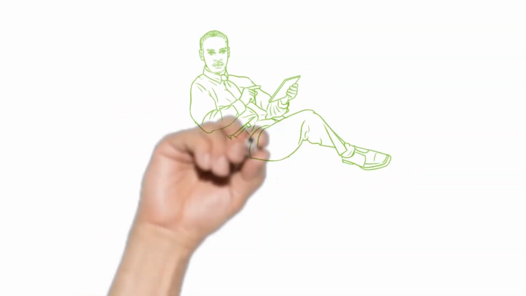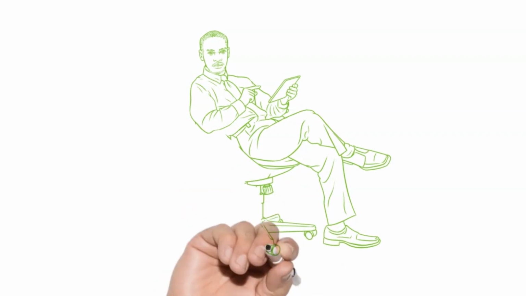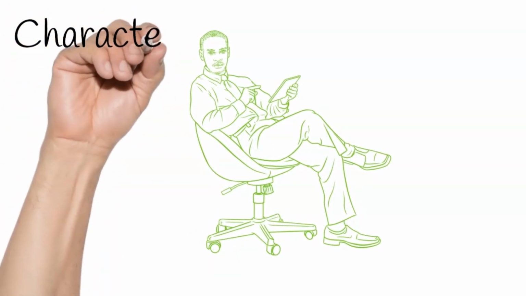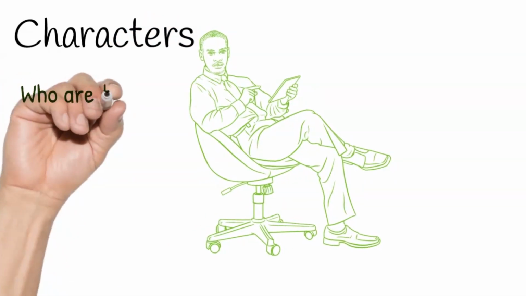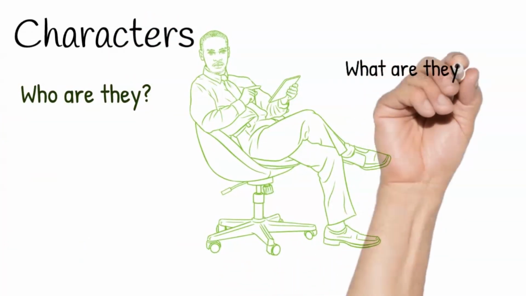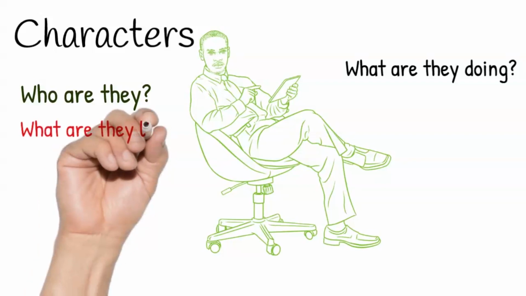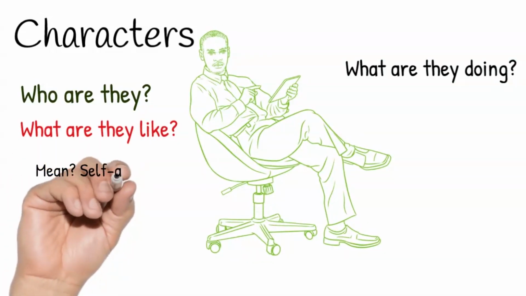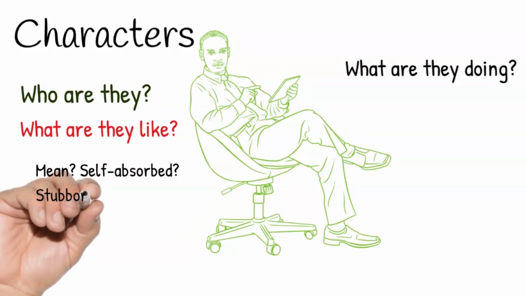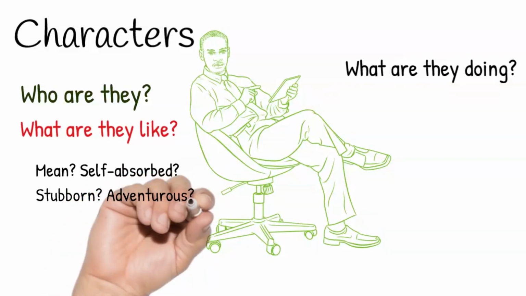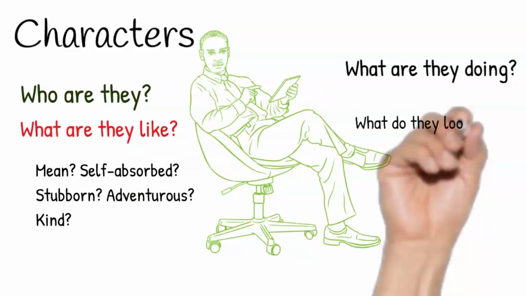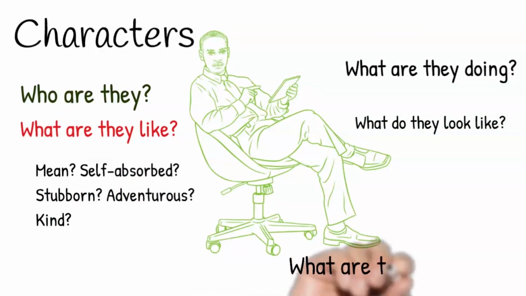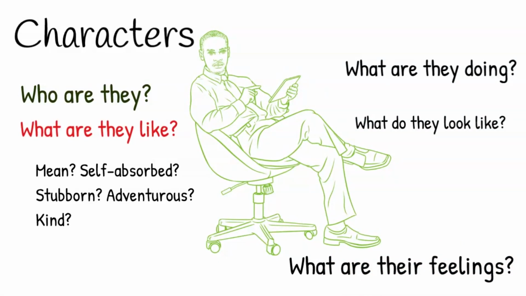So when writers construct their works, they carefully sculpt their characters and give them certain qualities. So when you think of the characters, ask yourself, who are they? What are they doing? And what are they like? Are they mean, self-absorbed, stubborn, adventurous, kind? And what do they look like? What are their feelings?